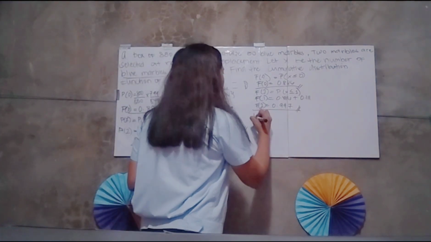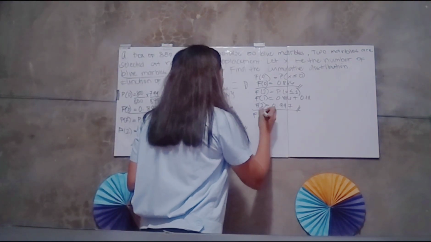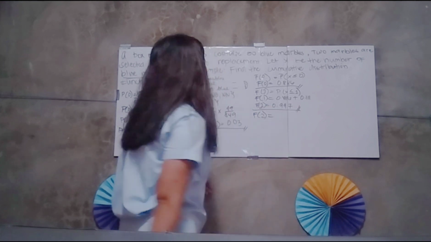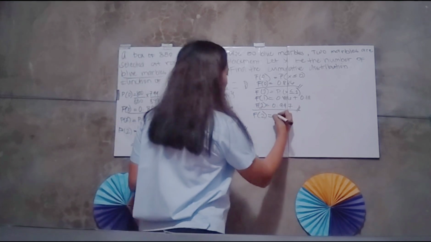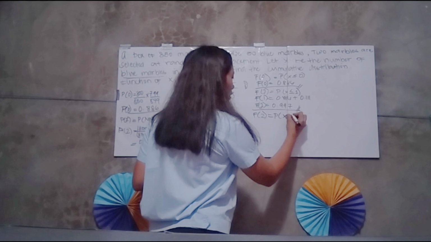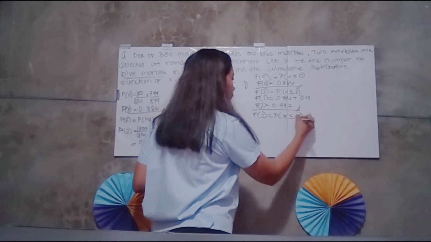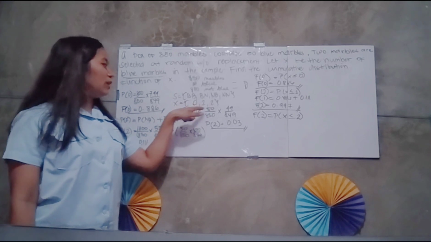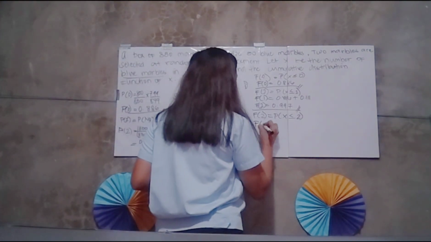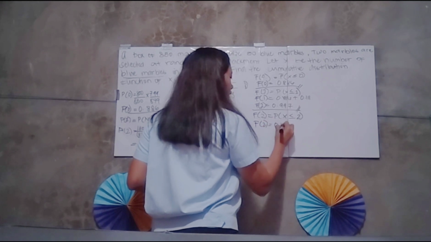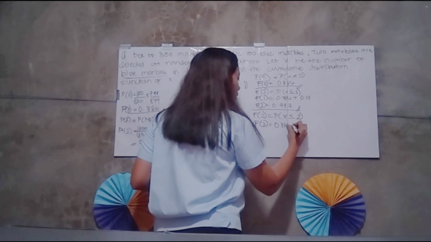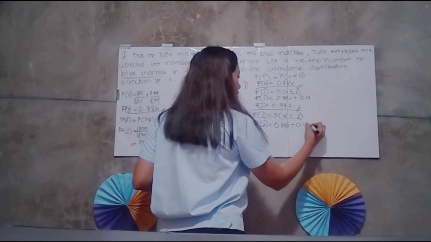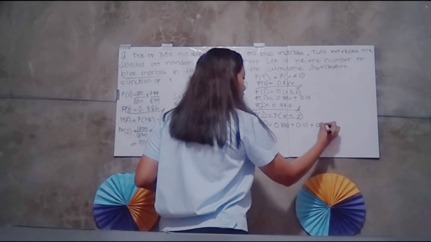Next, cumulative distribution function of 2. So, probability of x less than or equal to 2. Meron tayo dito tatlo. Equal siya sa 2. Less than niya ay 1 and 0. So, pag-add lang natin yung tatlo. So, 0.886 plus 0.111 plus 0.03.